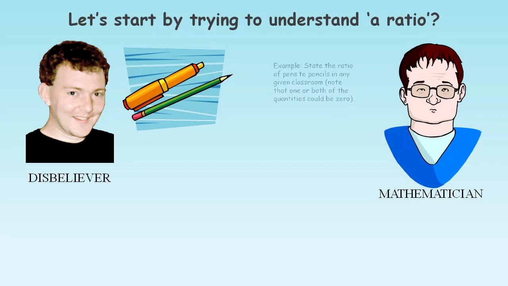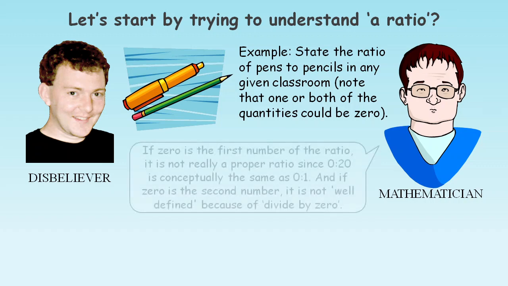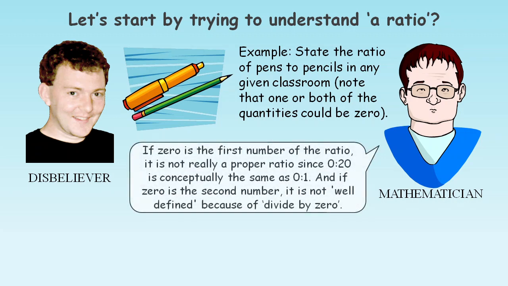Let's start by trying to understand what a ratio is using a very simple real-world example. For any given classroom, should it always be possible to state the ratio of pens to pencils in the classroom? Already we hit multiple issues. If the first quantity is 0, then we haven't got a proper ratio, because 0 to a non-zero value is conceptually the same as 0 to any non-zero value.